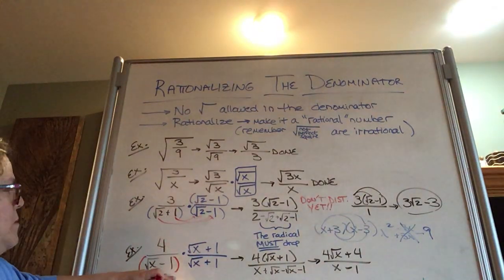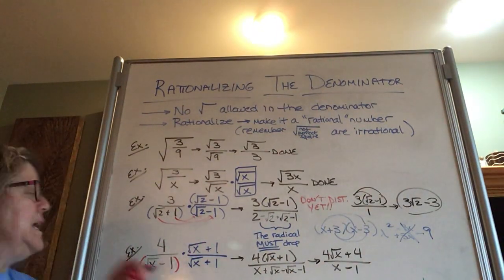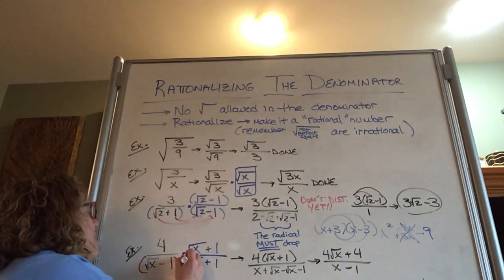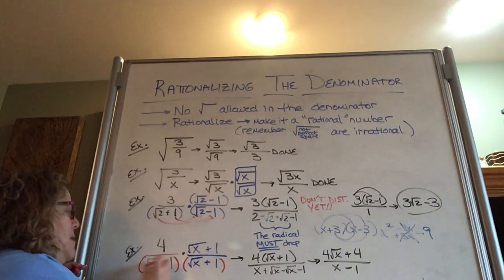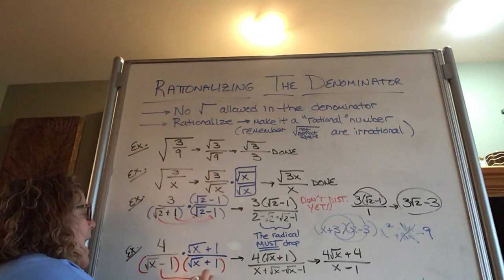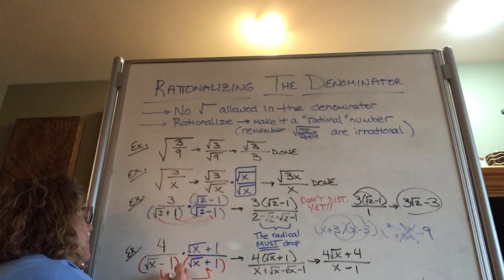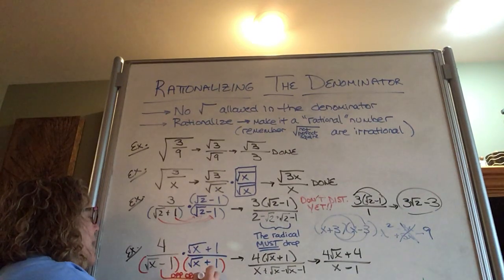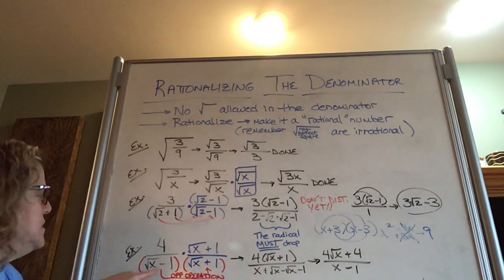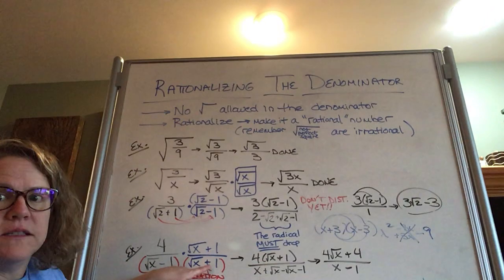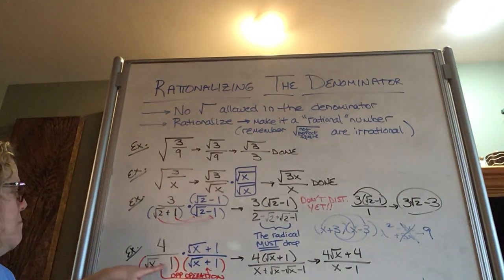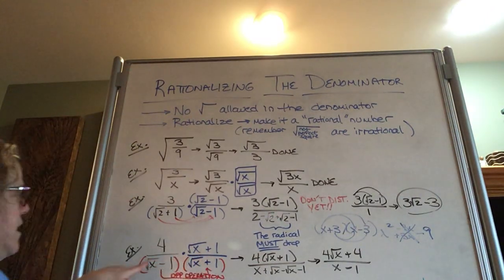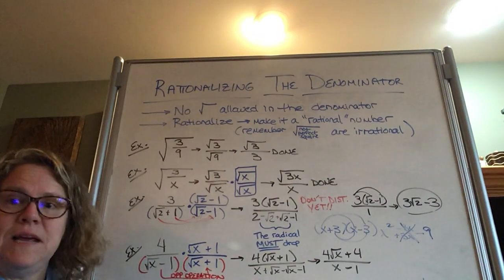If I have a binomial, the only way to get rid of it is to multiply it by the same binomial but with the opposite operation. This was a minus, so I've got to use a plus. But radical x minus 1, radical x plus 1, the values stay the same.